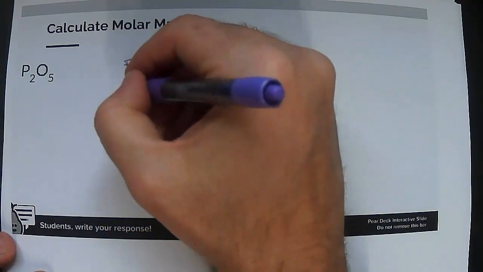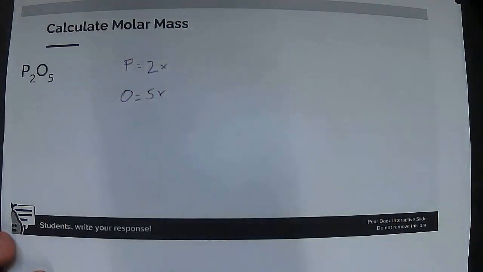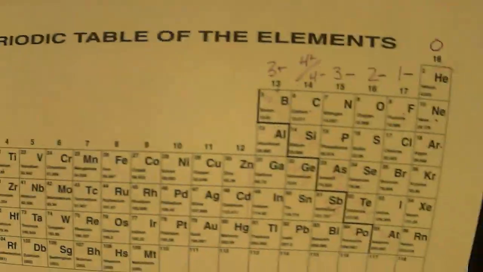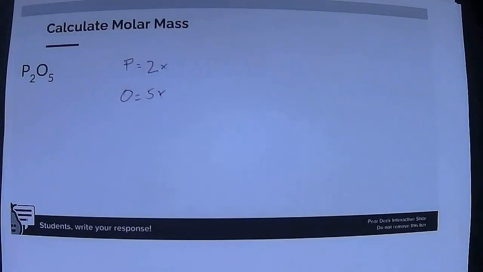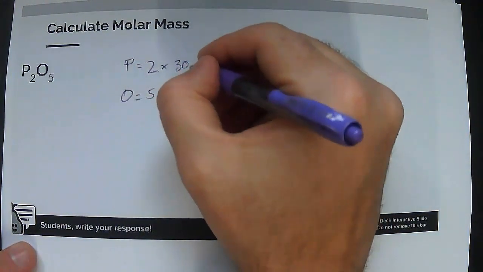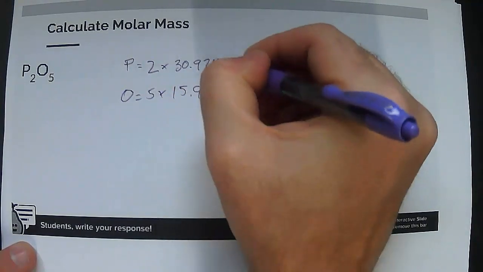P, there's 2, O, there's 5. So we look at the periodic table. Phosphorus is 30.974, and oxygen is 15.999.